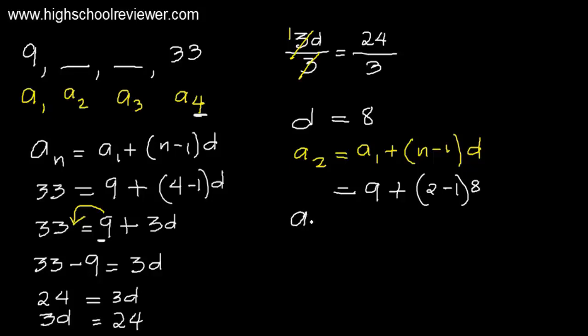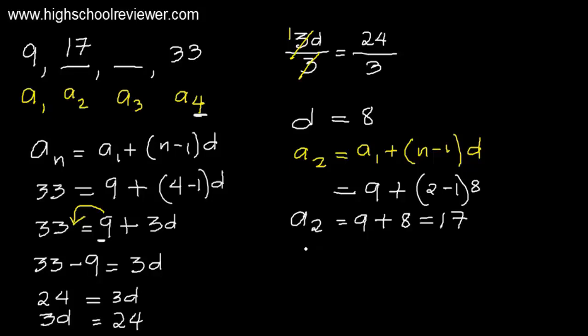So our a sub 2 now will be equal to 9 plus 2 minus 1 is 1 multiplied by 8, that is 8. So as you can see, our a sub 2 is just the sum of a sub 1 and our d. So a sub 2 will be equal to positive 17. Okay, so this is positive 17.